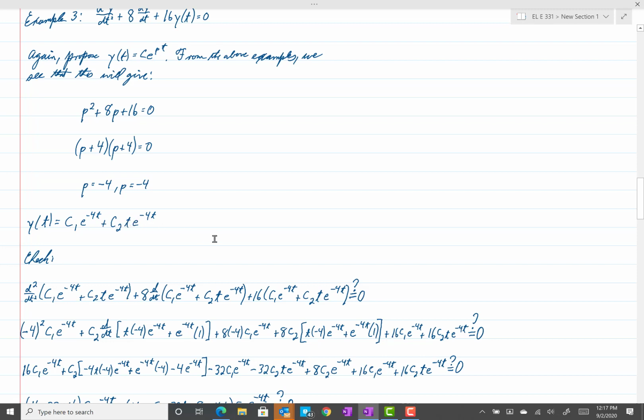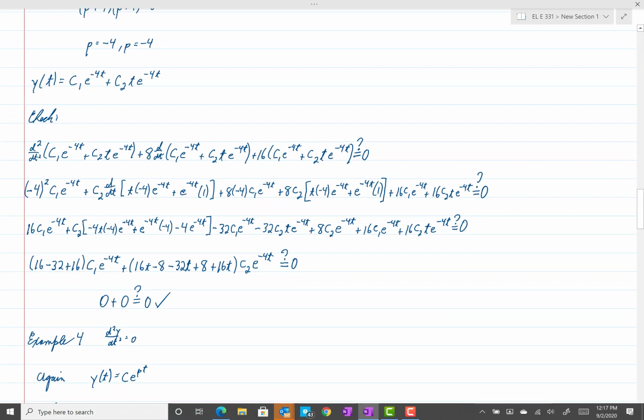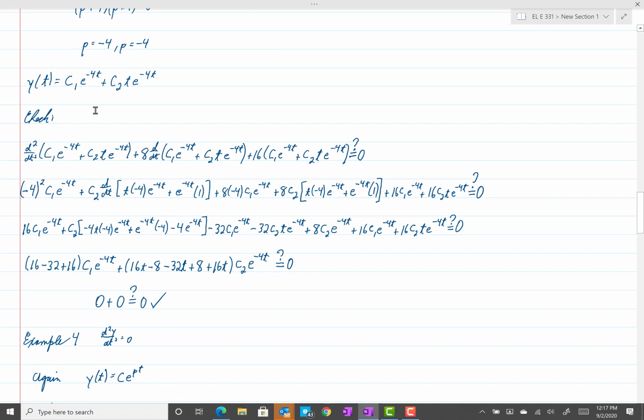Okay, and so we can check this, and again, our original equation was d squared y dt squared plus 8 dy dt plus 16y equals question mark 0.